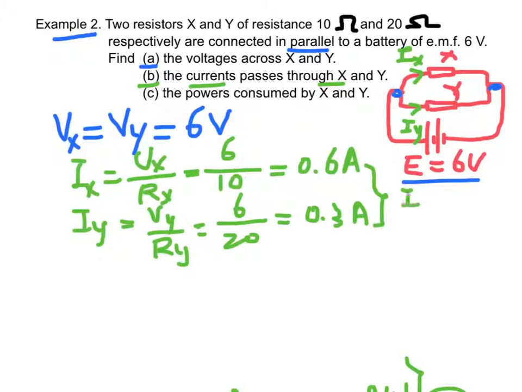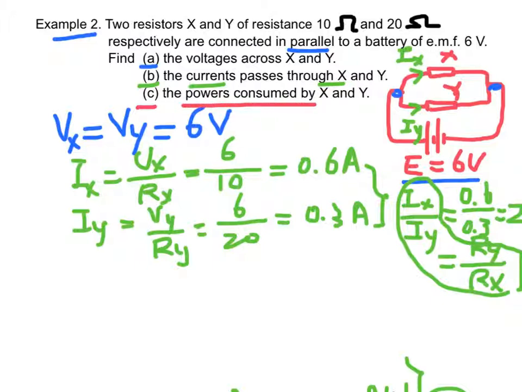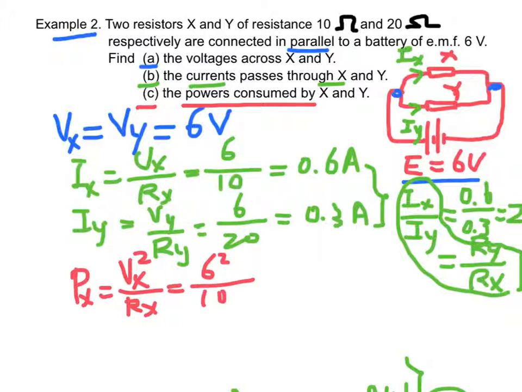Notice that the ratio of the current Ix over Iy is equal to 0.6 over 0.3, which is equal to 2, equal to the ratio of Ry over Rx. You have learned this ratio on the last page. Part C, the power consumed by X, Px, equals Vx squared over Rx, which is equal to 6 squared over 10, equal to 3.6 watts.